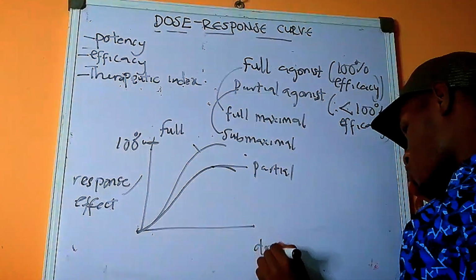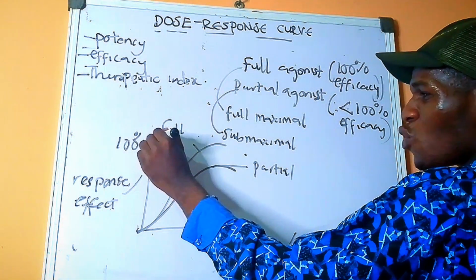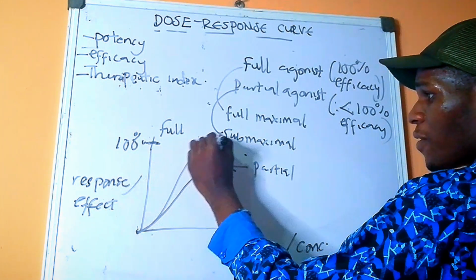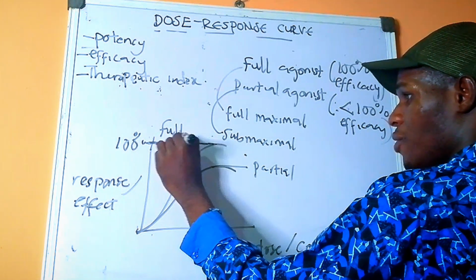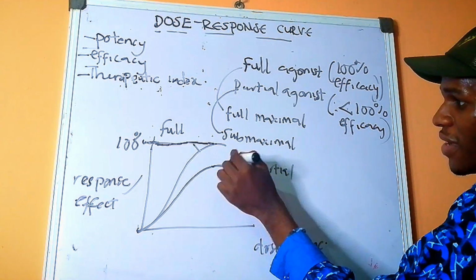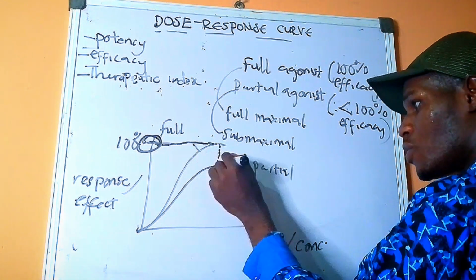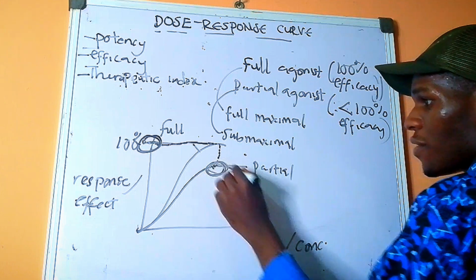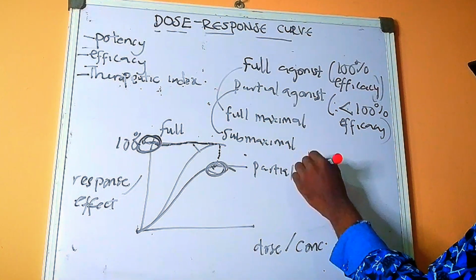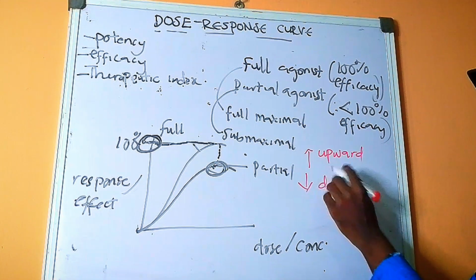This is my dose or my concentration of the drug. So here we can see that at saturated receptor sites, a full agonist will produce a maximal response, while a partial agonist will produce a sub-maximal response. Then we can deduce that efficacy increases upward and of course decreases downward.